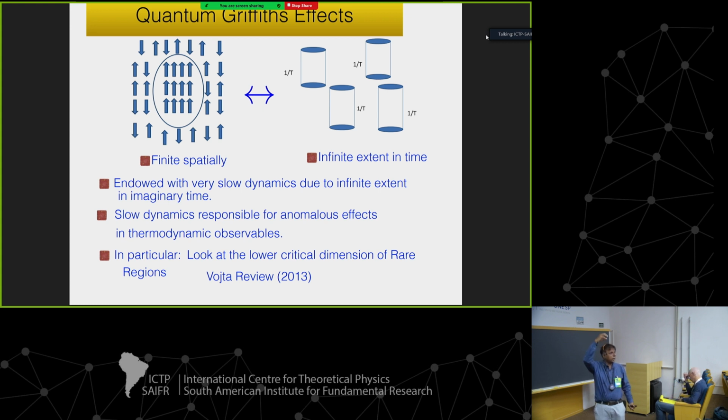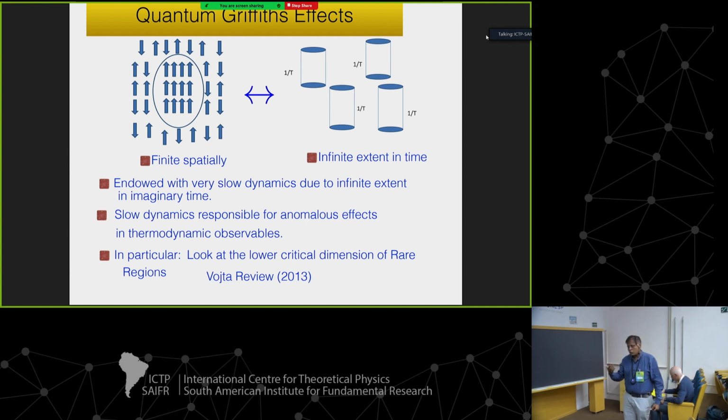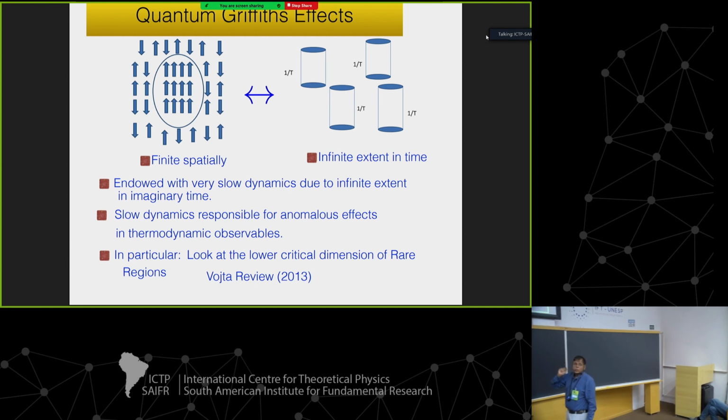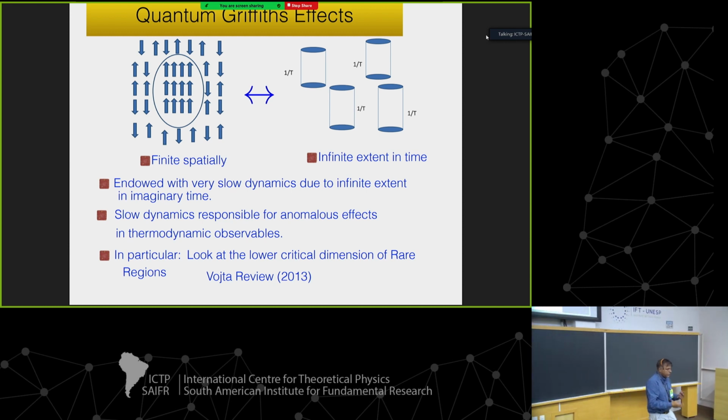But because these things are infinitely long, they have a very slow dynamics by themselves. They move very, very slowly. And it's this very slow movement, or the dynamics of these very long elongated objects, that actually gives you this non-universal anomalous behavior.